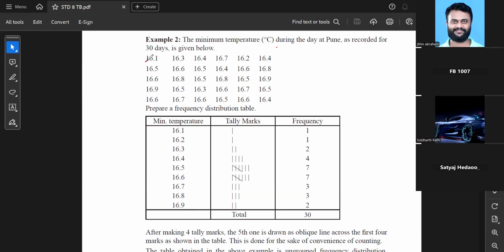Now 16.1 I can see one time, so I'll write a bar over here. This is 16.3, so for 16.3 I'll draw one more bar.